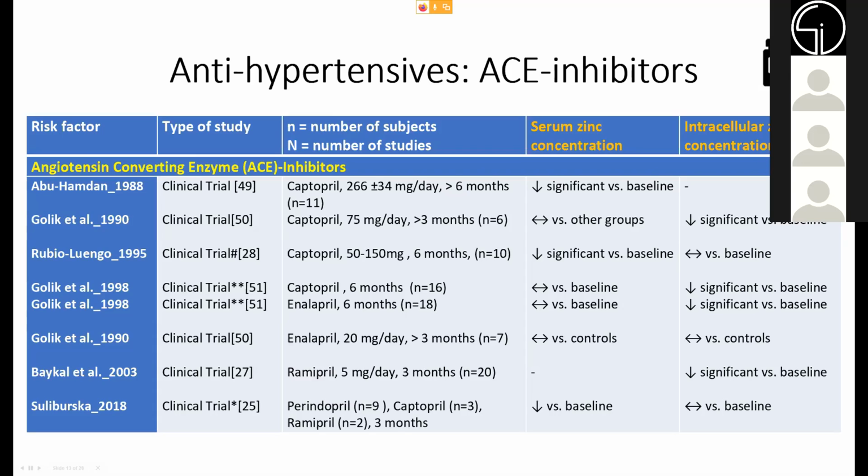But this one by Suliburska in 2018 did control the zinc intake during the entire study. And even when the zinc intake was controlled, there was a significant decrease of serum zinc concentration after 3 months of use of these drugs.